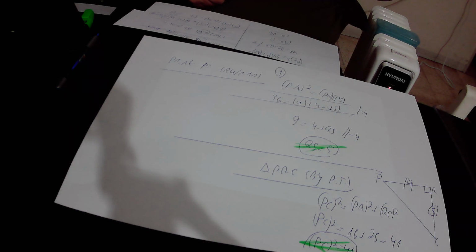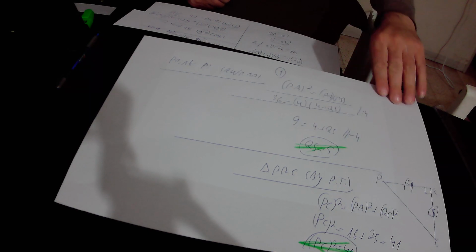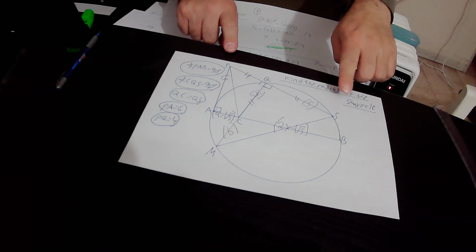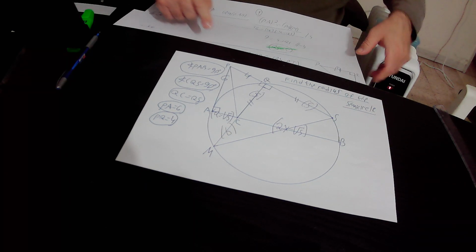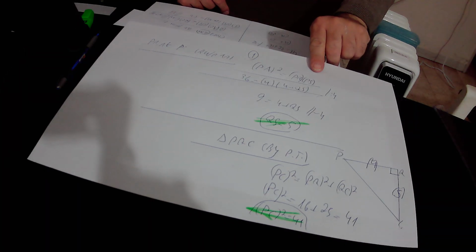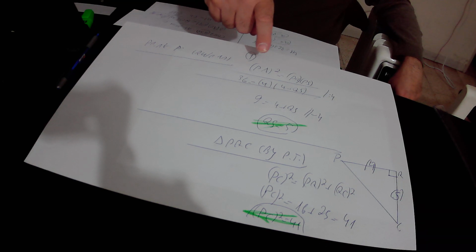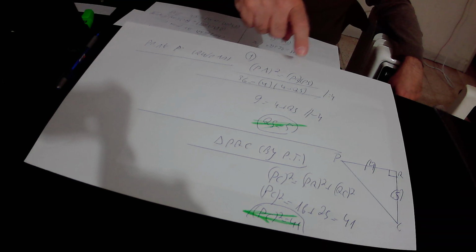PA is 6, therefore PA square is 6 squared, that is 36, and it is equal to PQ, that is 4, times PS. PS in total equals 4 plus QS. So in total we found that 36 equals 4 times (4 plus QS).